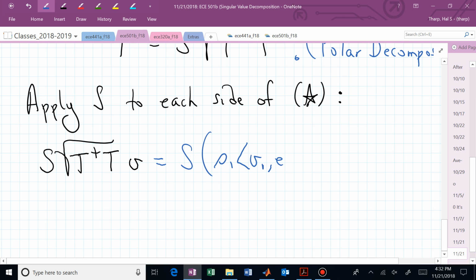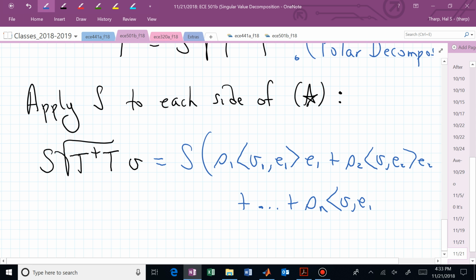plus S sub 2 inner product of V with E2, E2, plus plus S sub n inner product of V with E sub n, E sub n.